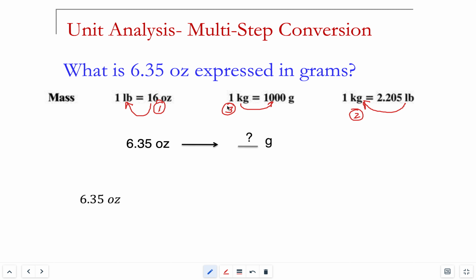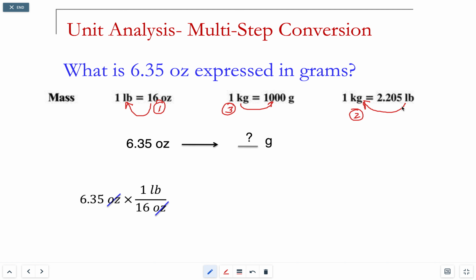So here we go. We start with 6.35 ounces. We construct our conversion factor with ounces in the denominator. So we have 1 pound divided by 16 ounces, so ounces cancels. Then in our second conversion factor, we need to get rid of pounds and convert it to kilograms.